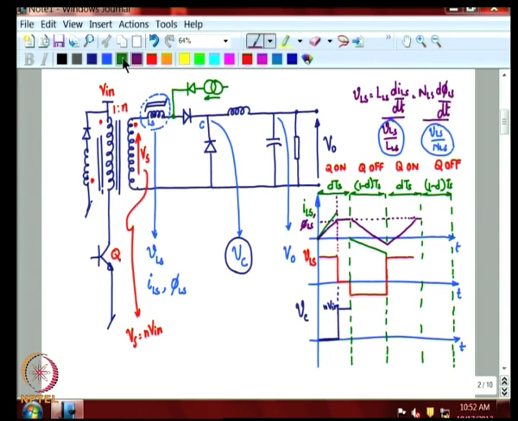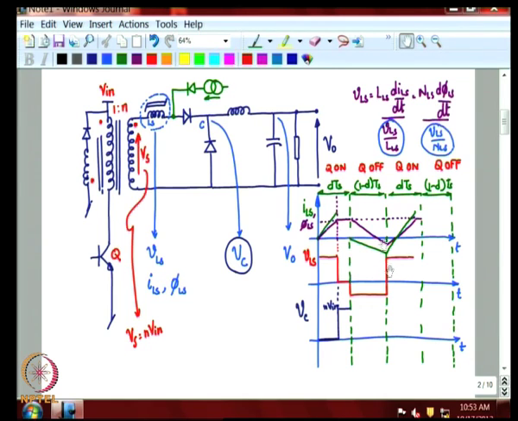And like before, the current is also increasing at more or less the same slope or same rate as this, because the slope of the current is determined by VLS by LLS, which was same as before, and the slope of the flux is determined by VLS by NLS, which is the same as before.